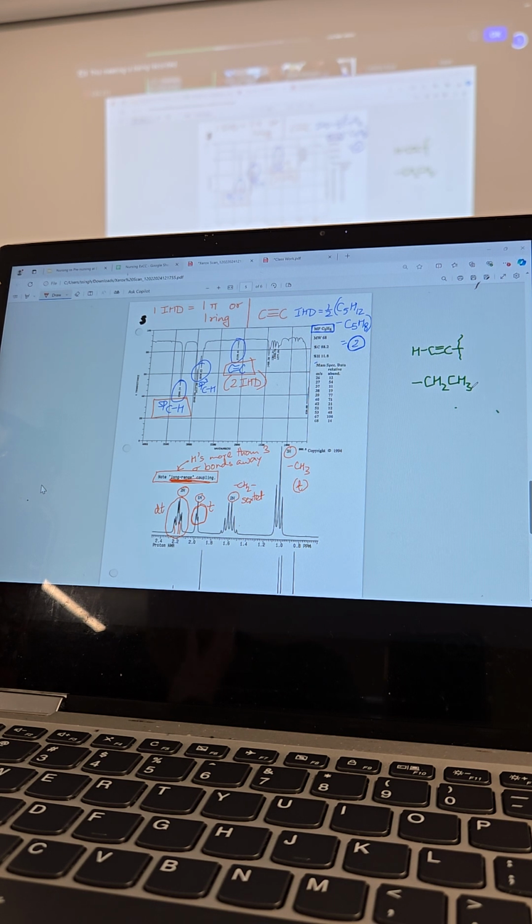But this methylene is a sextet, which means it has 3 on one side, 2 on the other side. Oh, and that can't be an ethyl, because that's terminal.